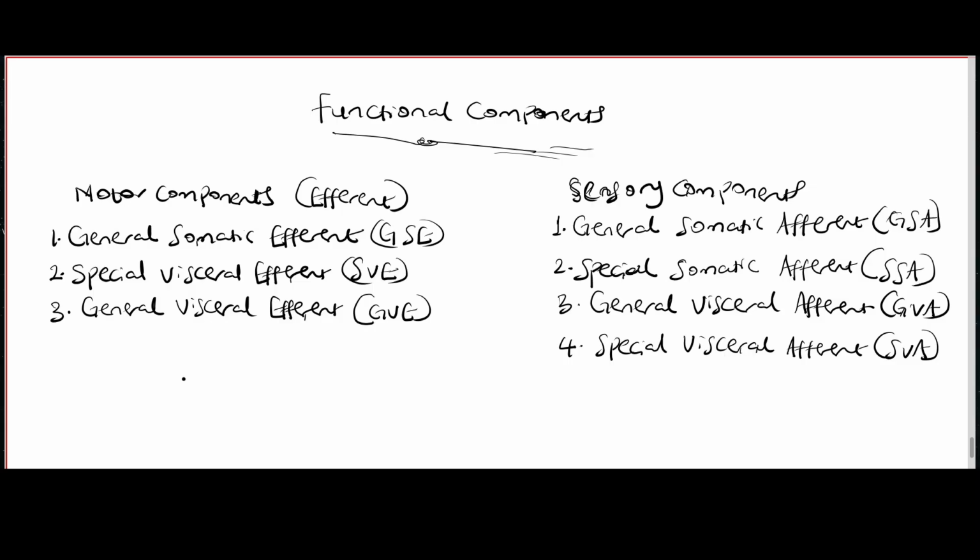Essentially we have 7 possible functional components that can be found in the cranial nerves. Three are motor components or efferent components, while 4 are sensory components, or afferent components.